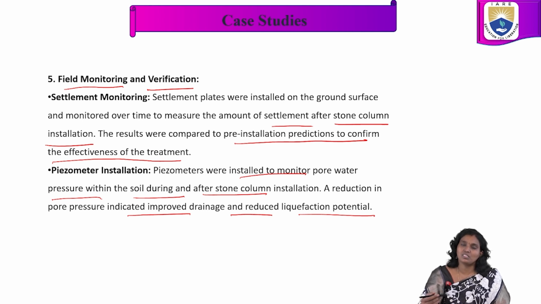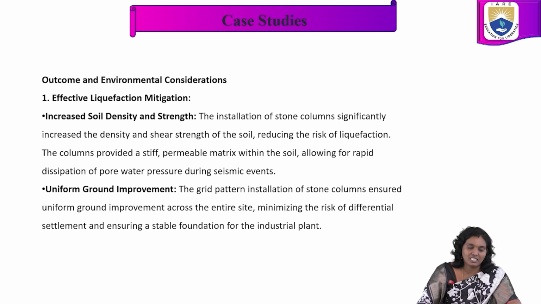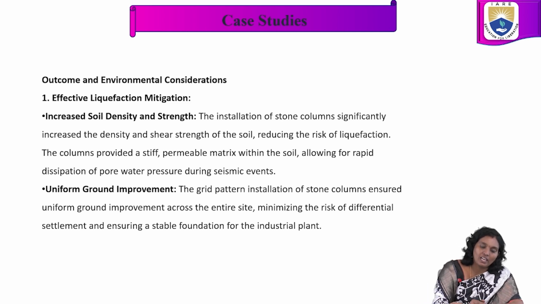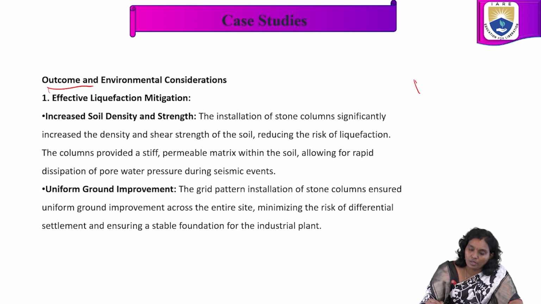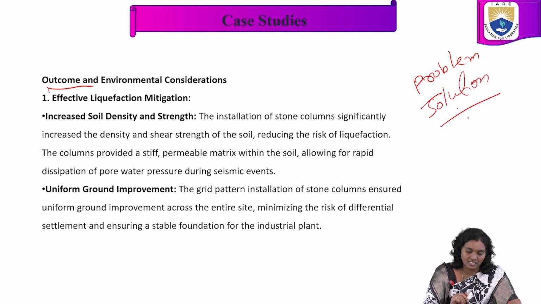Now this is the process for any kind of technique. Now, outcome and environmental consideration: once we know the problem and the solution, what is the outcome we'll get? We will understand in this slide.